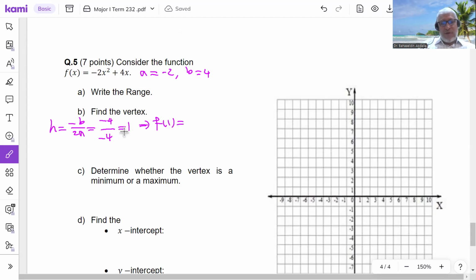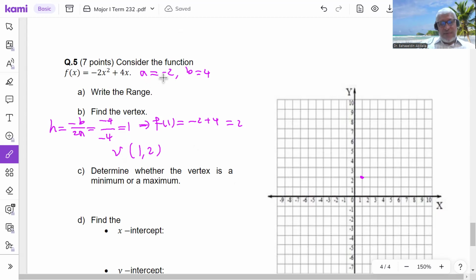I replace x by 1, h. So -2 plus 4, so that's 2. So the vertex has coordinates 1 and 2. So this is 1, this is 2, this point has the coordinate of the vertex.